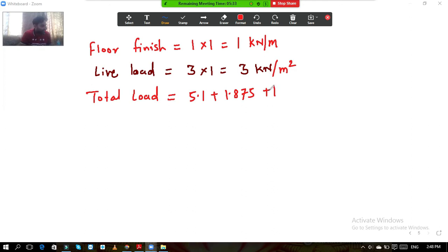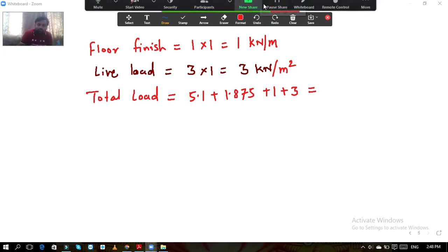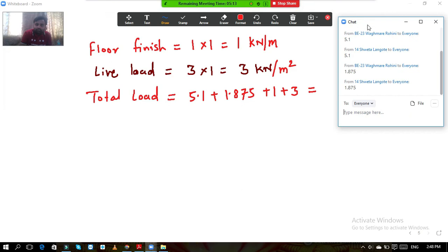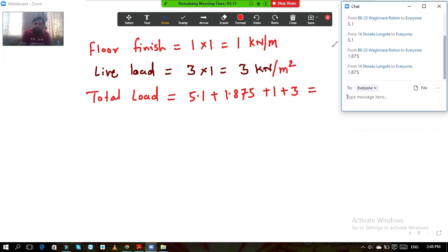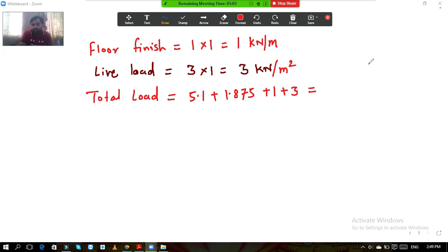If you add the live load, that is also okay. If you add it separately, that is also okay. There is no problem. So plus 3. Live load also we have added over here. So now let me know the answer. It is 10.98 kilonewton per meter.